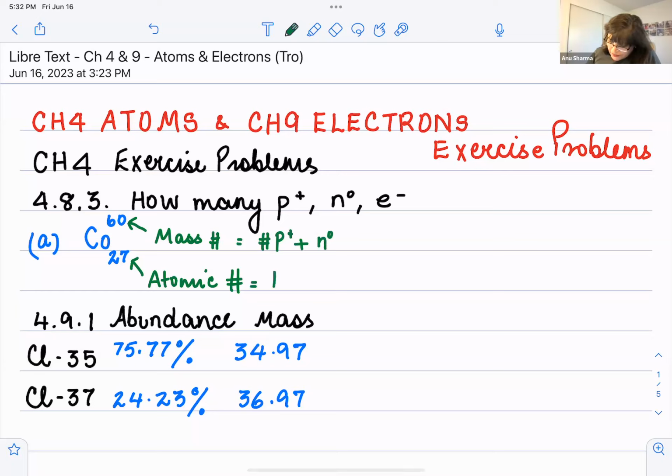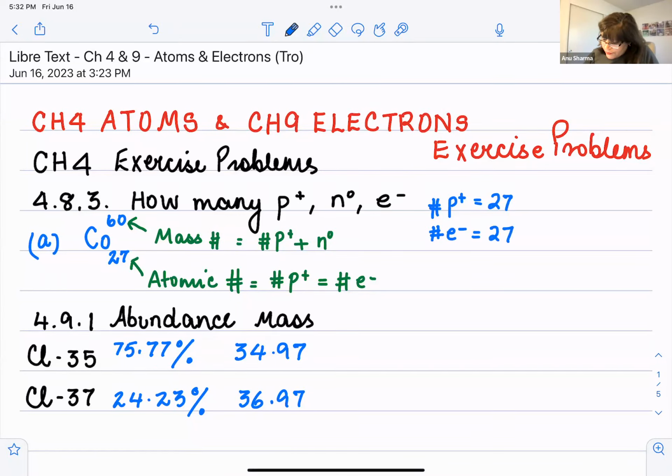Atomic number is the number of protons, and this is also equal to the number of electrons. So here we have the answer that the number of protons is equal to 27. The number of electrons is also equal to 27.